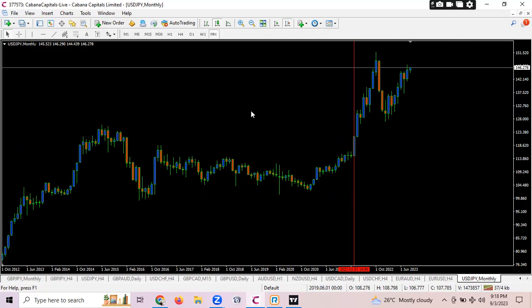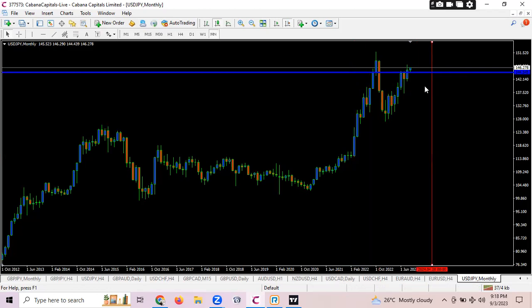What can you see here? Resistance, it's on support, right? The strong indication that USD JPY is bullish on the monthly time frame.